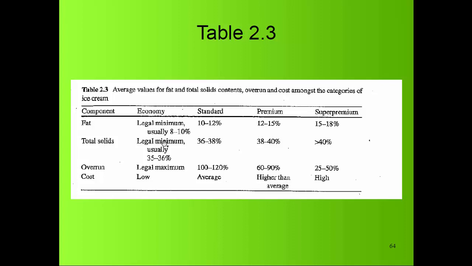So for standard ice cream, you could have overrun from 100 to 120%. For premium, the overrun's about 60 to 90%, and super premium only has 25 to 50%. The more expensive the ice cream, the higher the percentage of total solids and the highest percentage of fat.